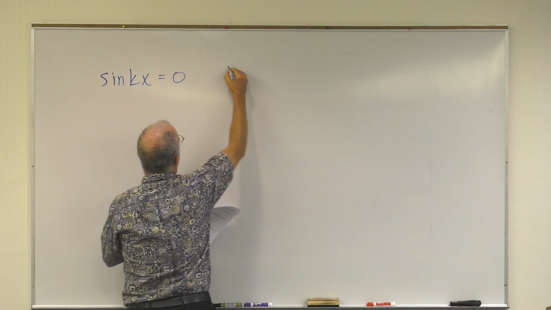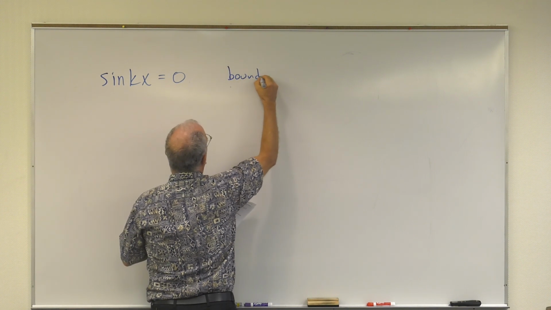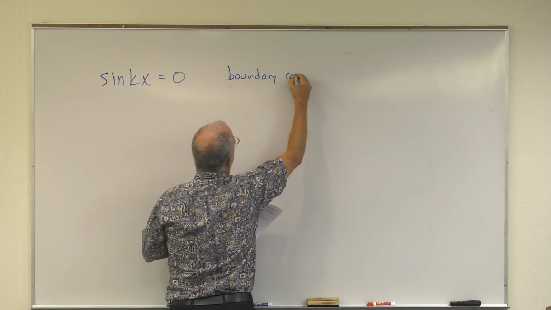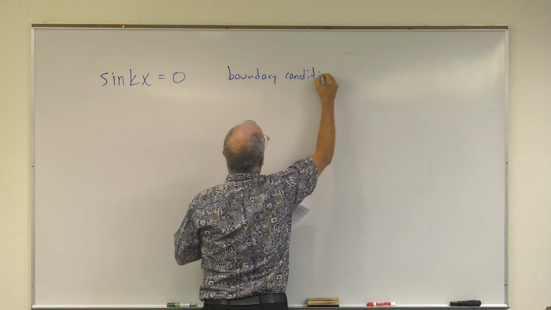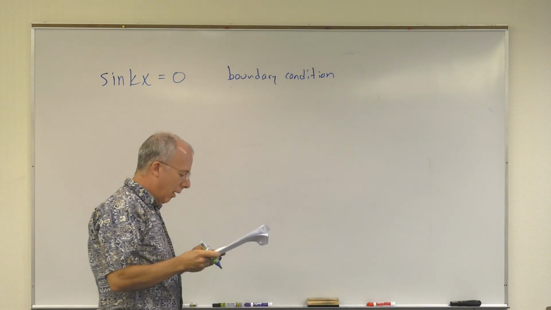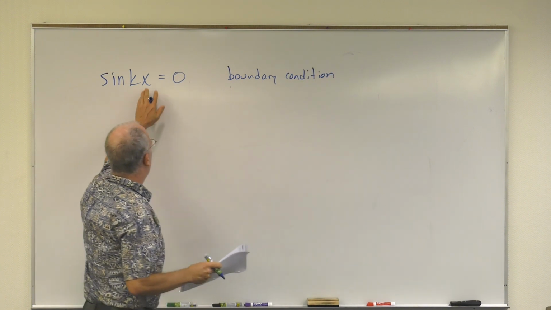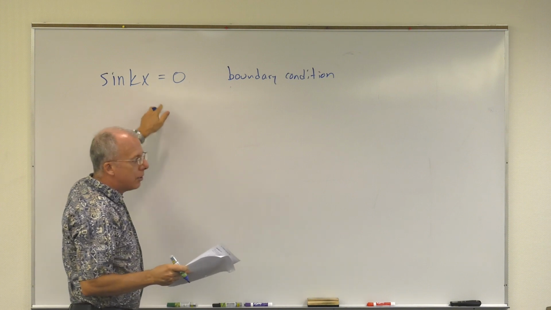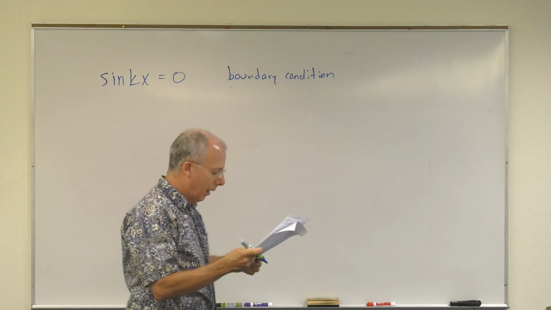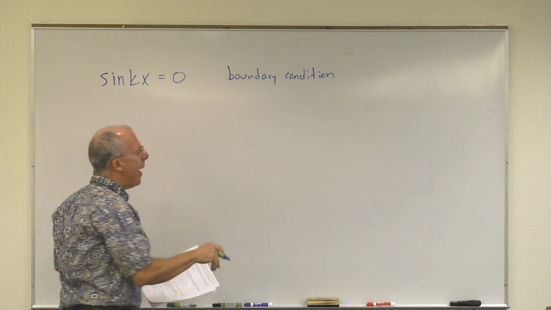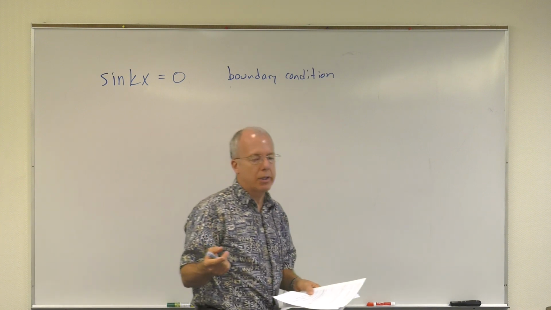By the way, that's called a boundary condition. You'll learn that in math pretty soon if you haven't already. So again, we want to figure out what values of x this is always going to be true for, for all time. So when is sine of anything equal to 0?